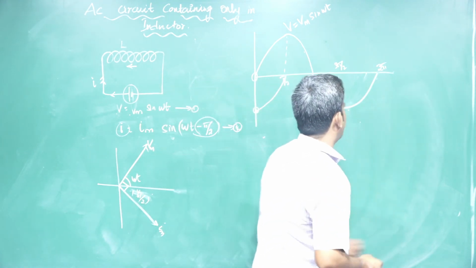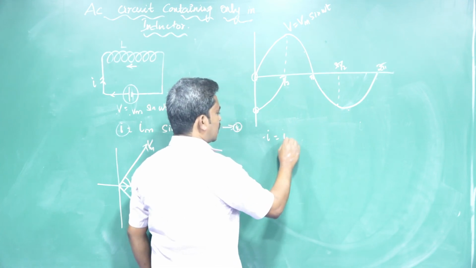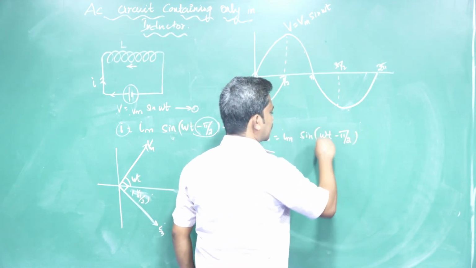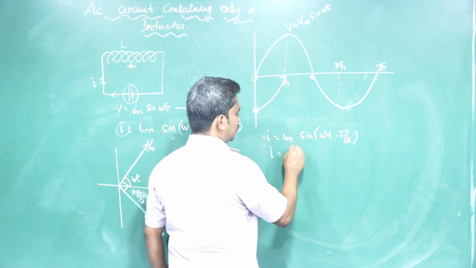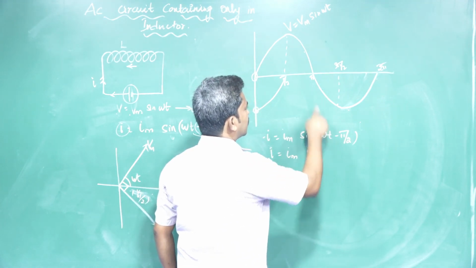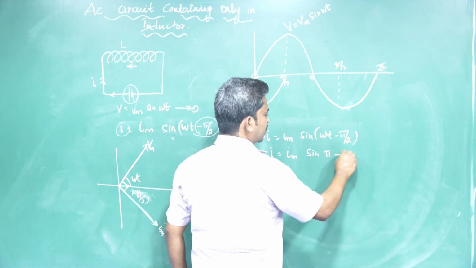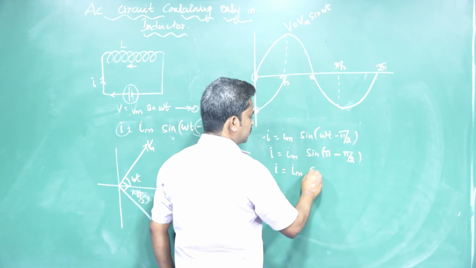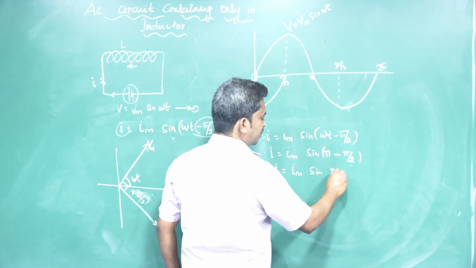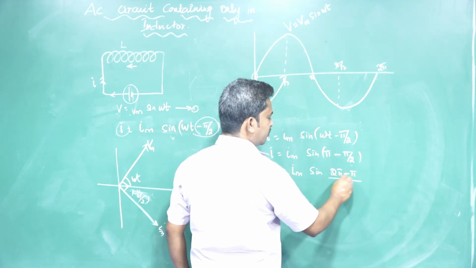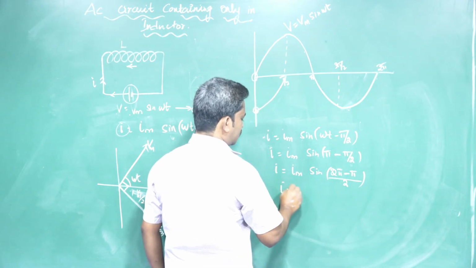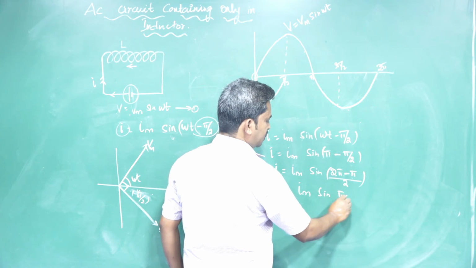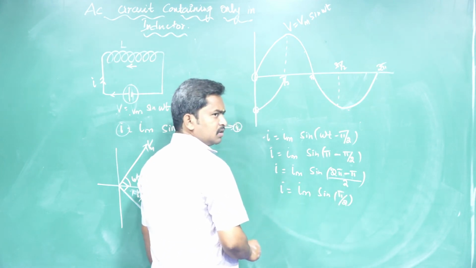Let's substitute this. I = Im sin(ωt − π/2), the current lags by an angle π/2. Now ωt is π, so I = Im sin((π − π/2)... more precisely, I = Im sin((2π − π)/2). 2π minus π is π, so I = Im sin(π/2). Sin π/2 is maximum, 1.